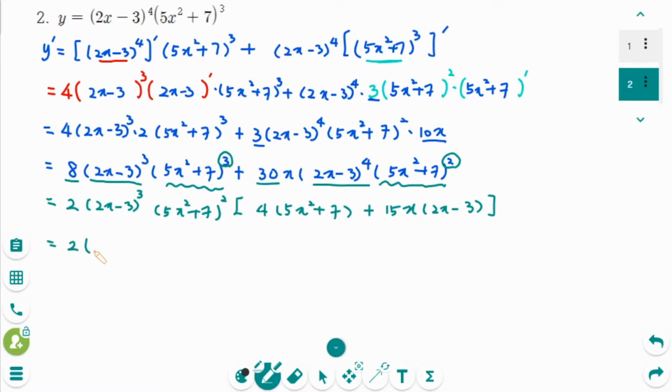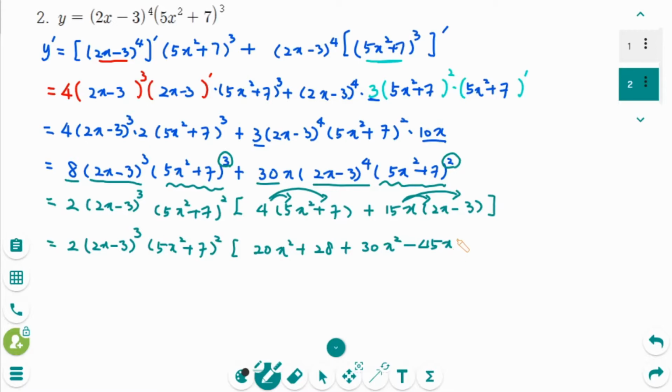Keep the first one, 2 times 2x minus 3 to the power of 3, 5x squared plus 7 squared, then expand: 20x squared plus 28 plus 30x squared minus 45x. The final answer is 2 times 2x minus 3 cubed, 5x squared plus 7 squared, times 50x squared minus 45x plus 28.